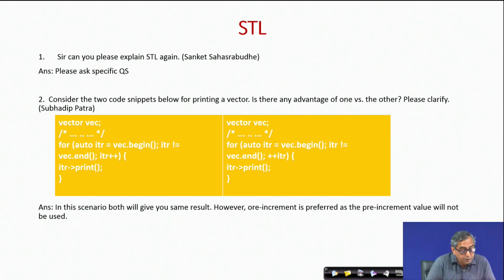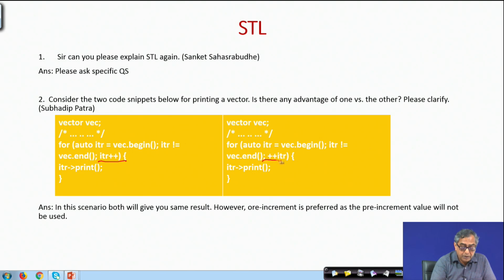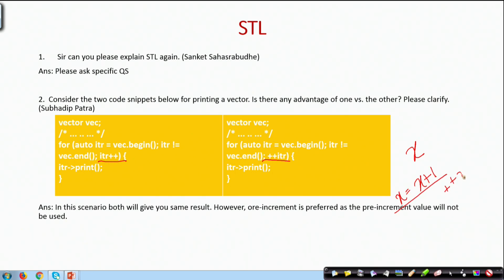Shubhadeep Patre asks, consider two code snippets below for printing. Is there any advantage of one versus the other? I can see only one difference. In one you are using post increment and in the other pre increment. If you have to increment, just increment, always use pre increment. It does not matter whether this code or any other code, because if you have x and you want to increment it, always use ++x, because the moment you do x++, there is a lot more computation that the system has to do.